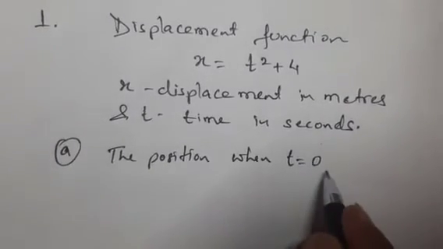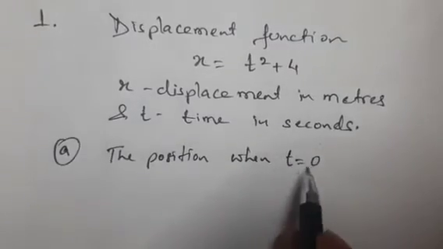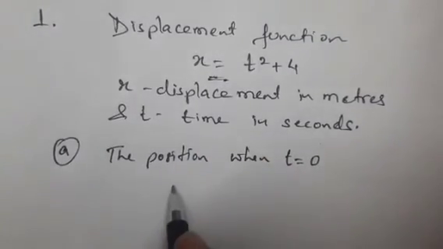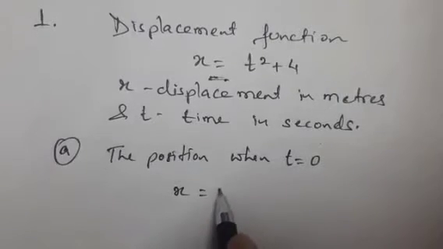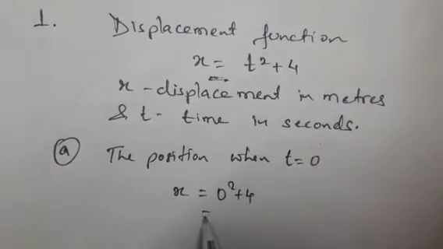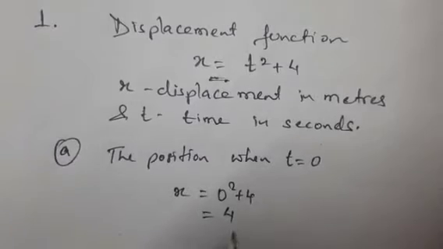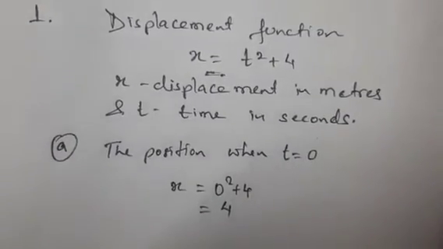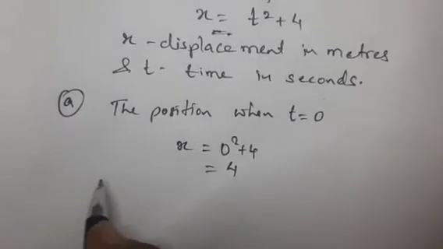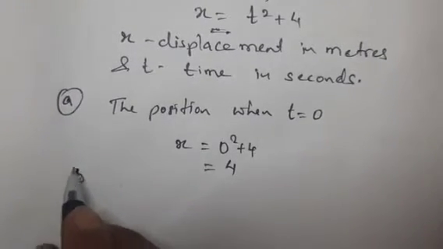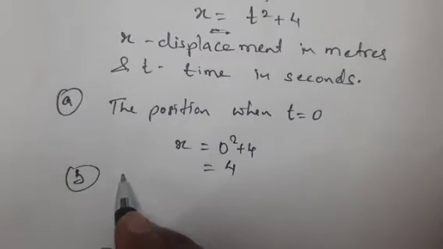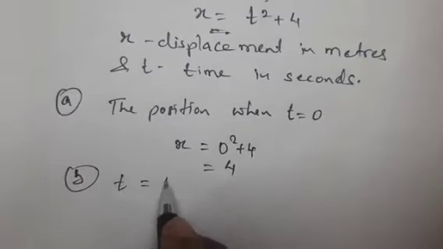Now at t equal to 0, we just have to replace t with 0 in the above equation. That is x equals 0 square plus 4, which is obviously 4. Similarly, in B, we have to find the position when, in the second case, t is given as 4.